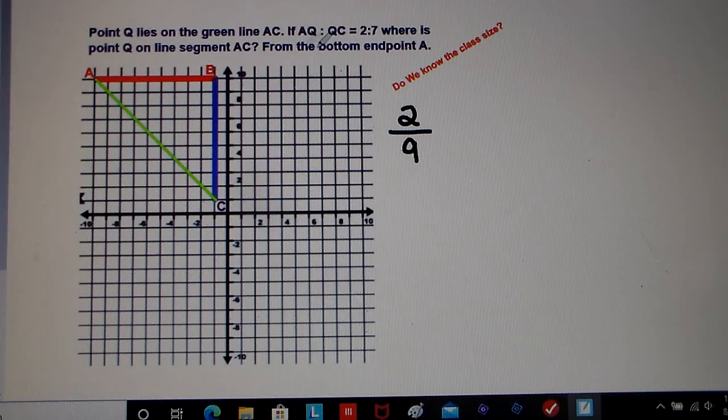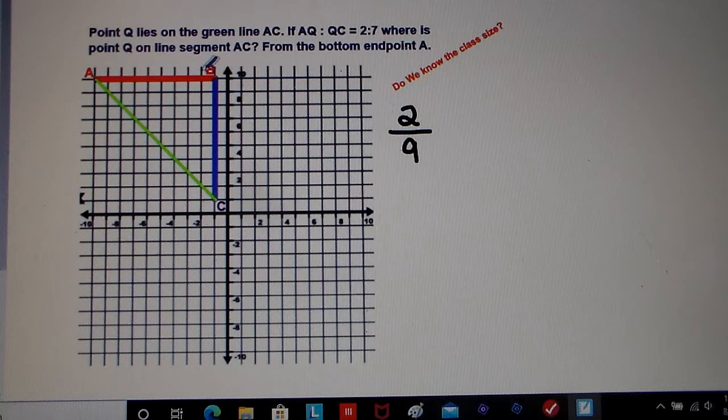Now, from the bottom endpoint A, what we were doing before, we applied that 2/9 to the distance of AB. So let's find that distance one more time by counting boxes. 1, 2, 3, 4, 5, 6, 7, 8, 9 boxes.